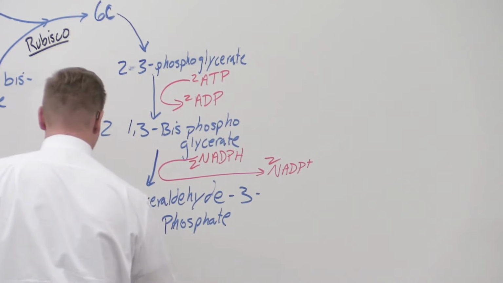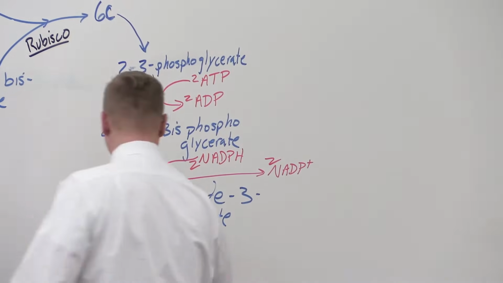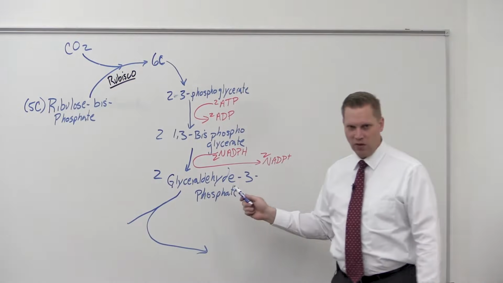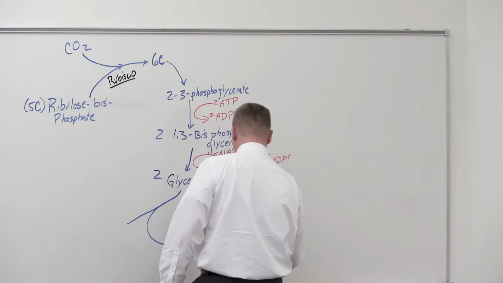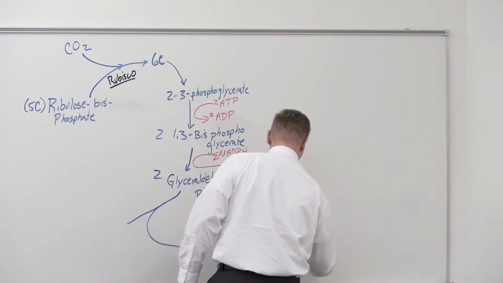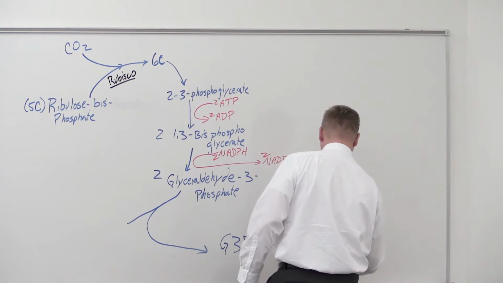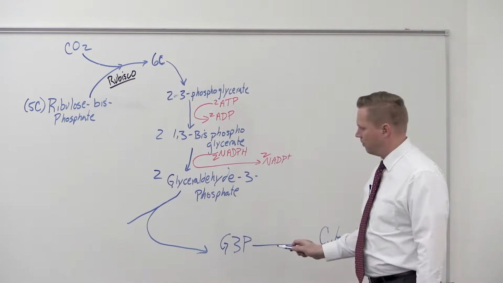Now, in this next step, we're going to take one of these glyceraldehyde 3-phosphates, and we're going to transport it outside of the chloroplast into the cytosol.